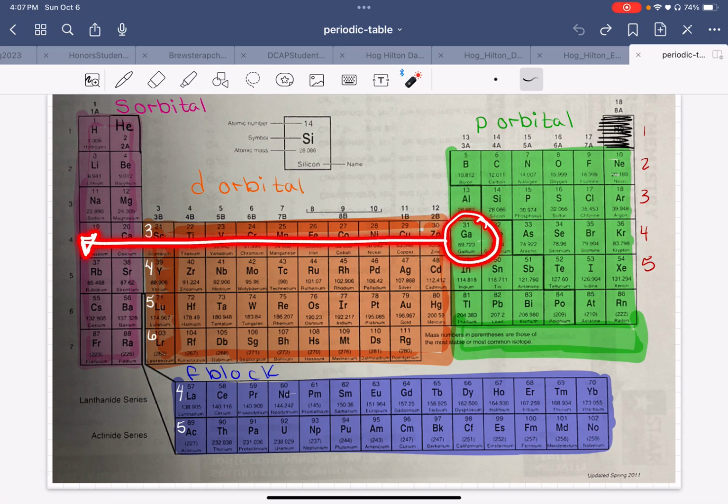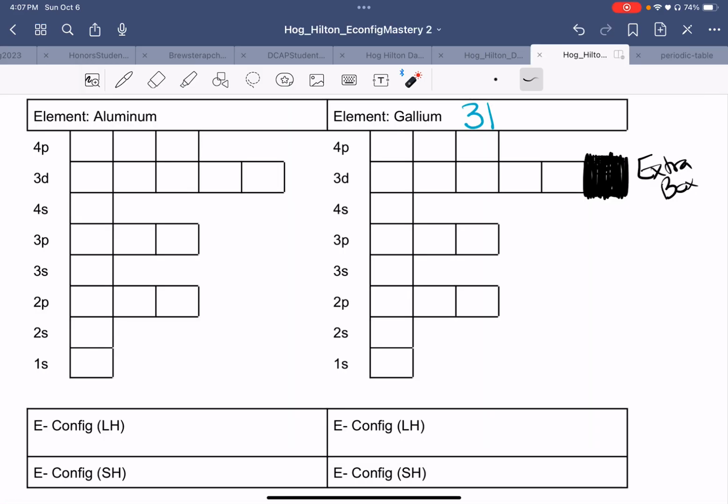Row 4, P block 1. So I'm going to go to my hotel. 4p1. Now, in order to get to 4p1, which is the final configuration of gallium, everything else below it has to be filled.